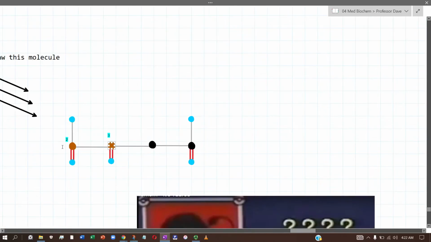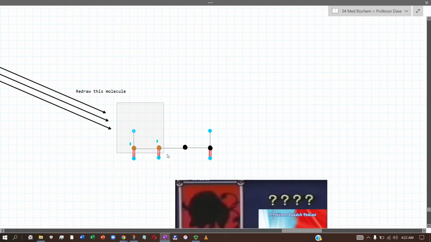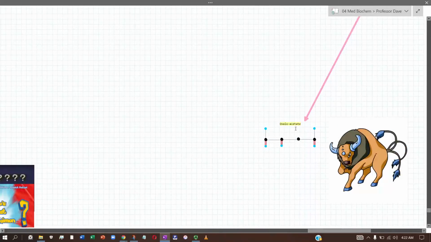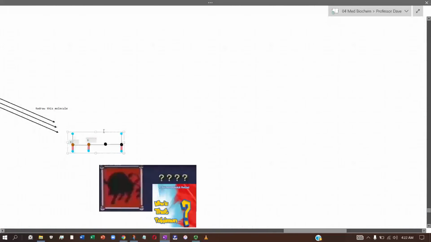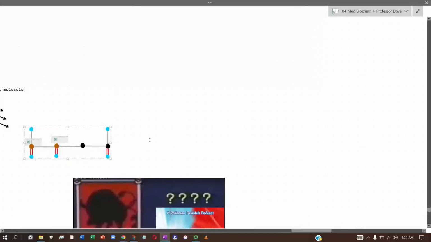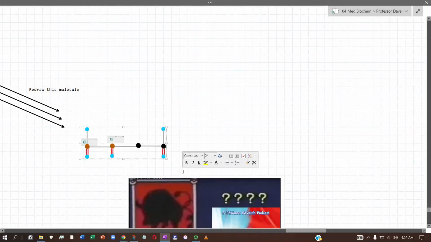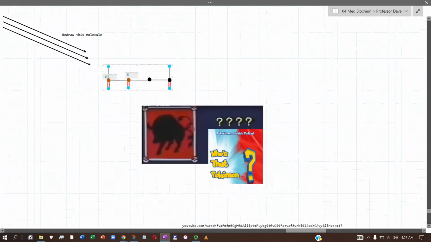So the brown carbons don't really matter, because what really matters is that we regenerated an oxaloacetate molecule. So this oxaloacetate molecule is ready to interact with yet another acetyl-CoA molecule at the beginning of the citric acid cycle. So this got regenerated, and that's why this is relevant and important.